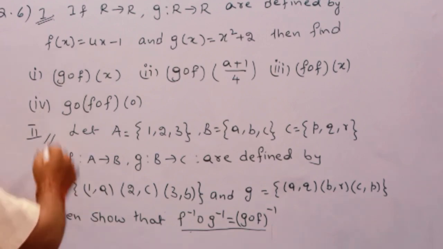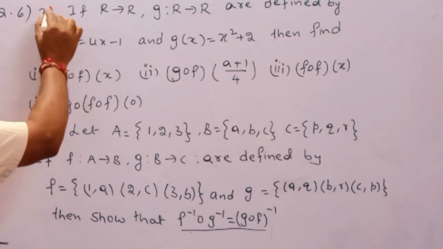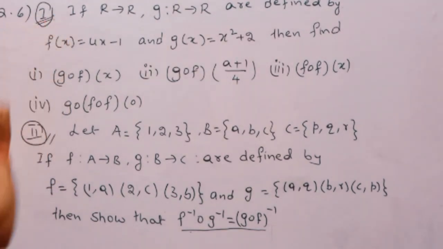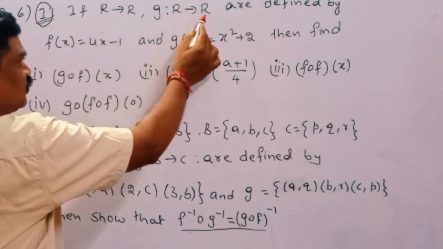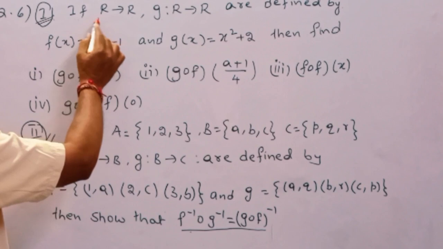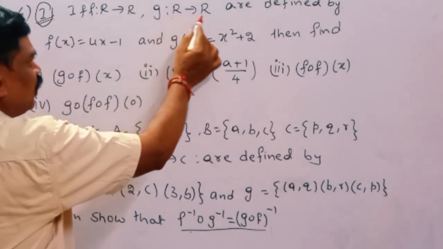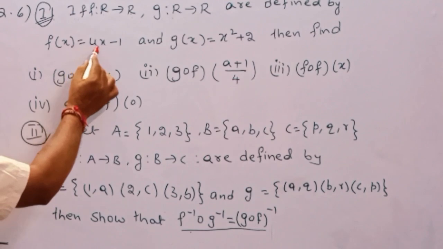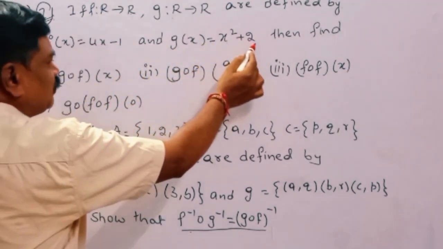So 6th problem, this is the first part, this is the second part. First part of the question: if f is the function from R to R, g is the function from R to R, defined by f of x is equal to 4x minus 1 and g of x is equal to x square plus 2.